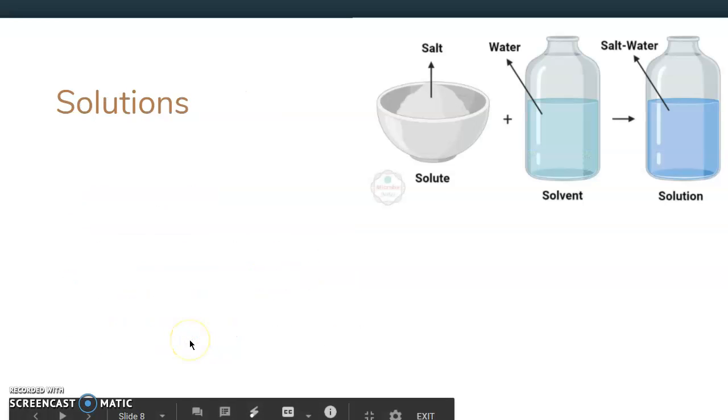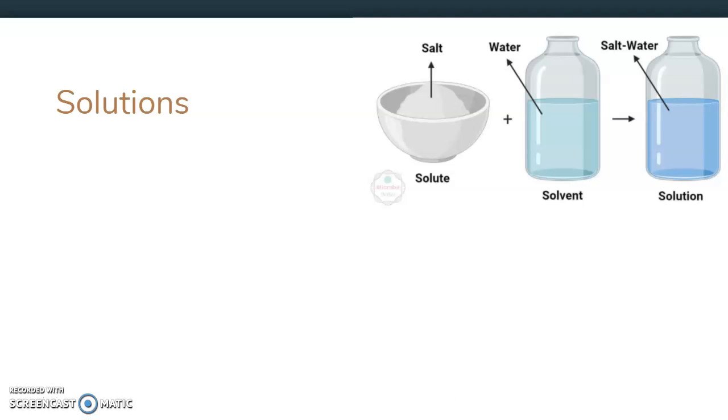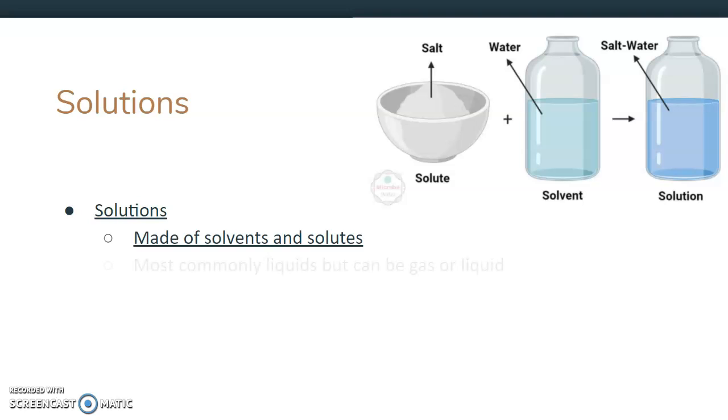So the other important thing that comes with water is it's known as a universal solvent. It can dissolve a lot of things, so we'll talk about what a solvent is. First, solutions are made of solvents and solutes. This most commonly occurs with liquids, but it can be in gases or solids.